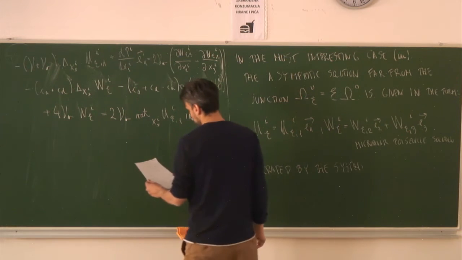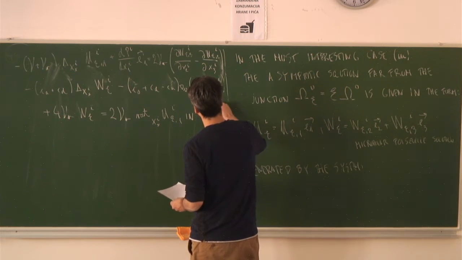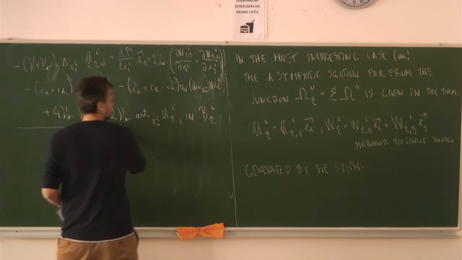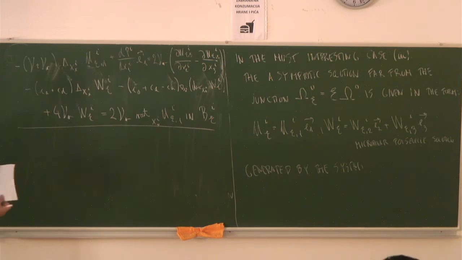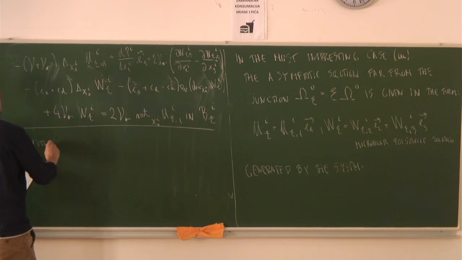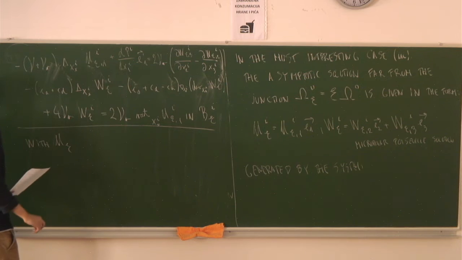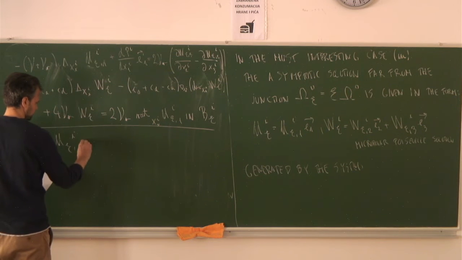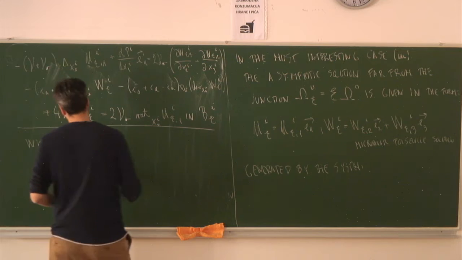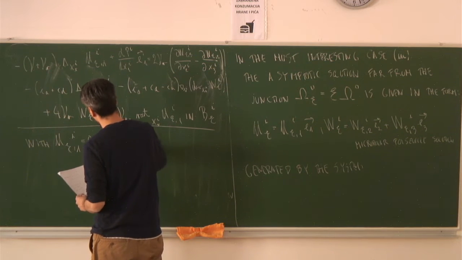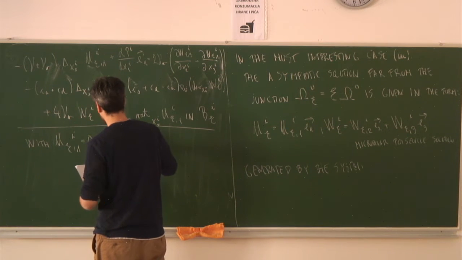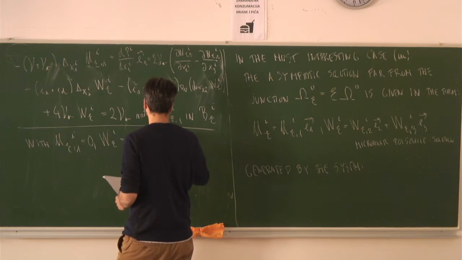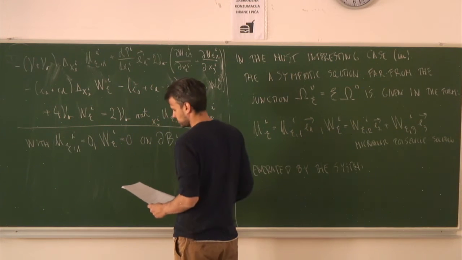So this is of course posed in the cross section B epsilon i. Okay, the boundary conditions are as usual. In this consideration everything is zero basically, so we have no slip and no spin. So we have u epsilon 1 i equals 0, and v epsilon i equals 0 on the boundary of each cross section.